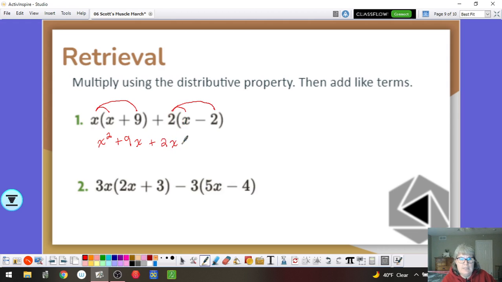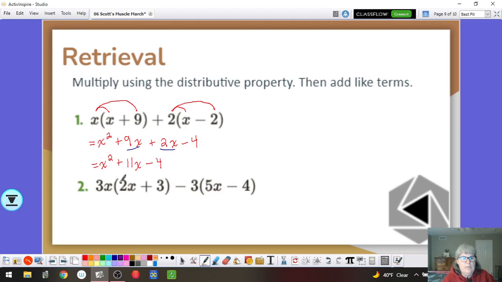Positive 2 times negative 2 is minus 4. Like terms have the same variable and the same power. So 9x and 2x would be like terms here. x squared plus, you just need to add the coefficients. 9 plus 2 is 11x. Minus 4 is our final answer.